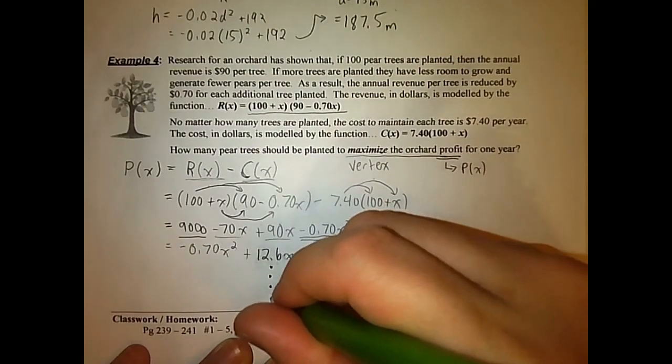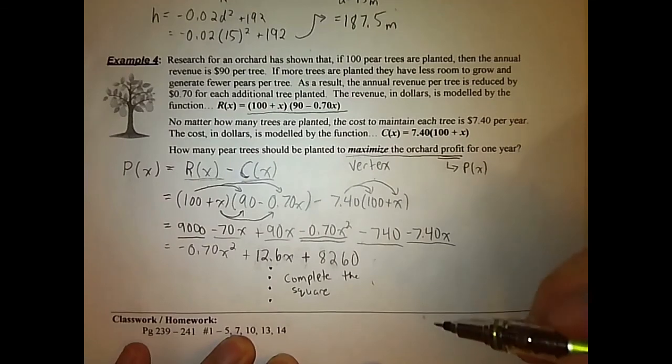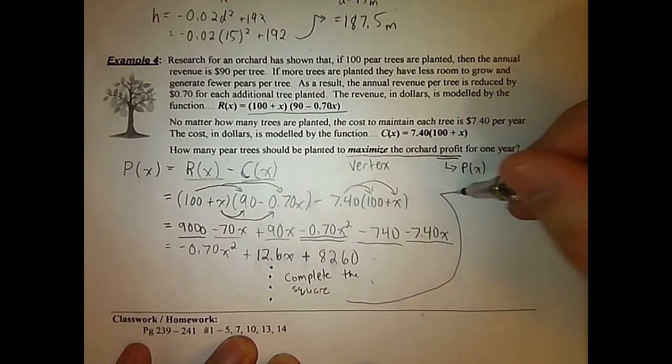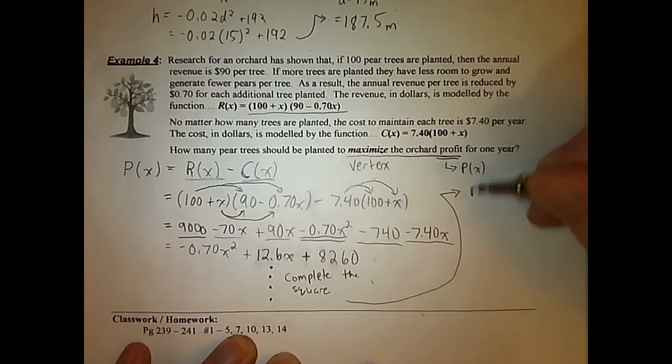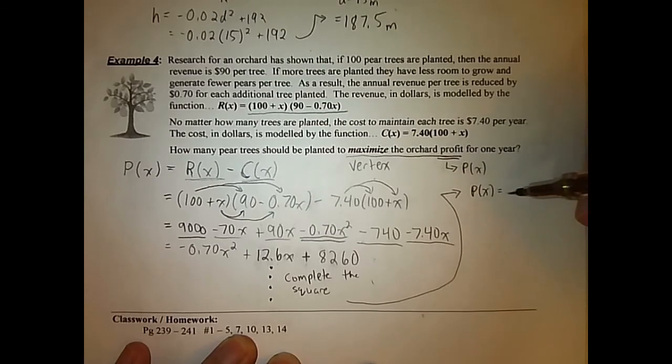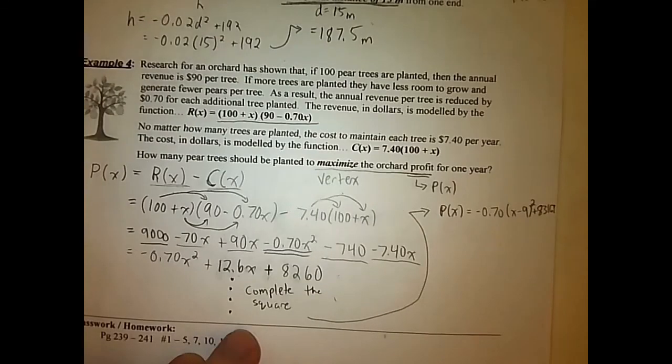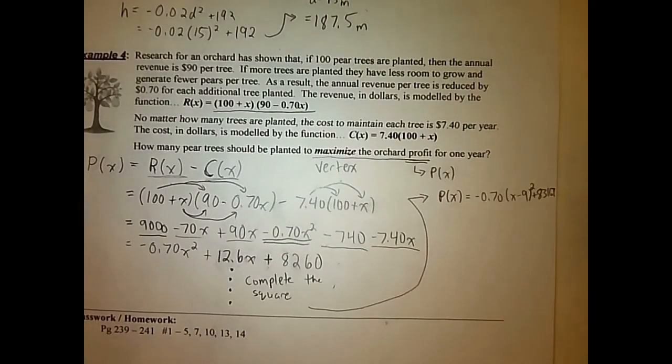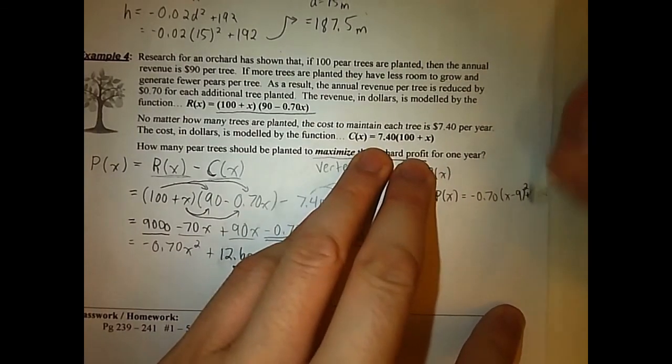So after we complete the square, to get it in vertex form, I would get P at x is equal to negative 0.70(x minus 9) squared plus 8316.7. That's very hard to see. I'm going to erase that and then write it out nicer.